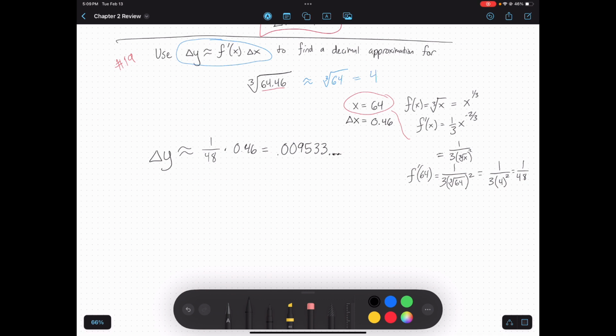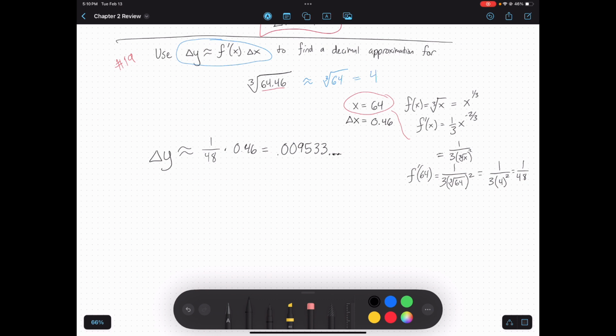How does this help me estimate the cube root of 64.46? This tells me that the difference between the actual value of the cube root of 64.46 and the value if I just do the cube root of 64 is about this much.